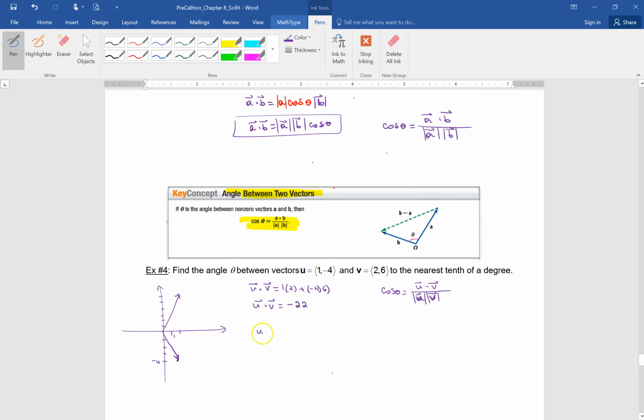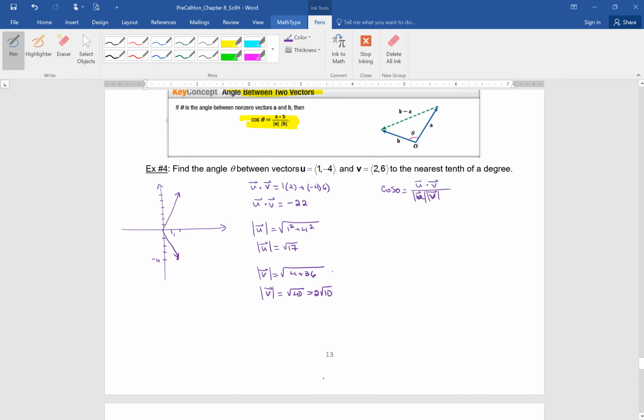Now I need the magnitude of u, which is the square root of 1 squared plus 4 squared, so root 17. And then the magnitude of v: 4 plus 36, which is the square root of 40, which is 2 root 10.